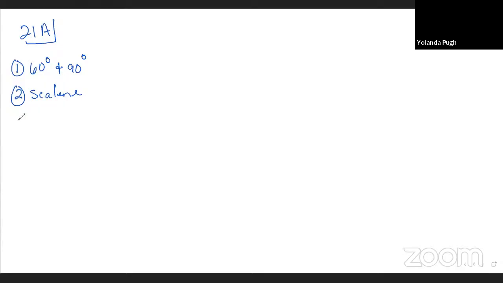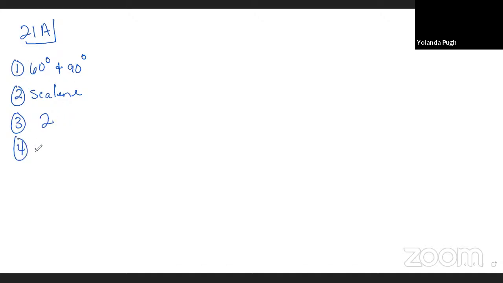Number 3, the hypotenuse of a 30, 60, 90 triangle is how many times the short leg? It is 2 times the short leg. The long leg of a 30, 60, 90 triangle is how many times the short leg?